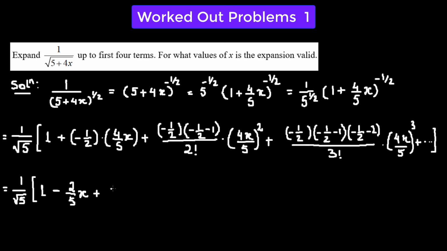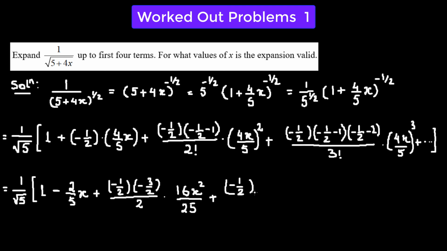And we have negative half times negative 3 by 2 divided by 2, which is the value of 2 factorial, times 4x squared, that would be 16x squared, divided by 5 squared, which is 25, plus negative half times negative 3 over 2 times negative 5 over 2, whole divided by 3 factorial, which is simply 6, times 4x cubed.